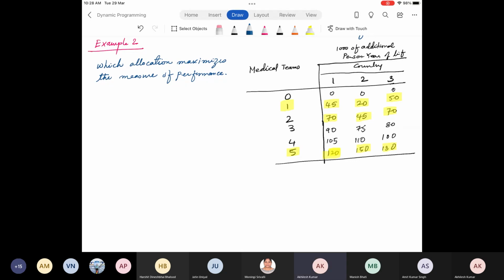Is allocating teams an interrelated decision or not? What do you think?